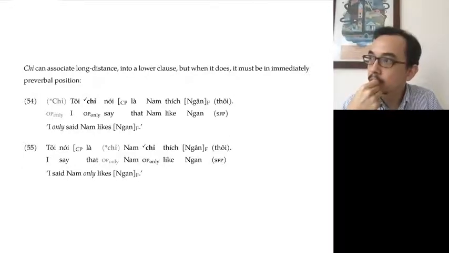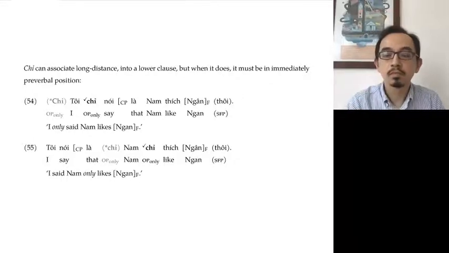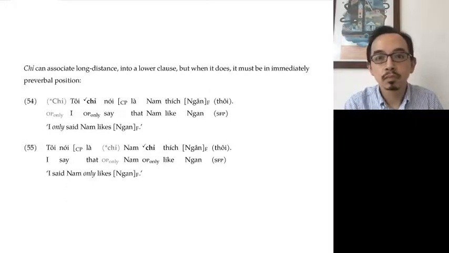So at present, according to my intuition, chi and moi correspond to Korean danji and man, and both always go together with one constituent. So I don't think danji works as sentential focus and the other one works as constituent focus.